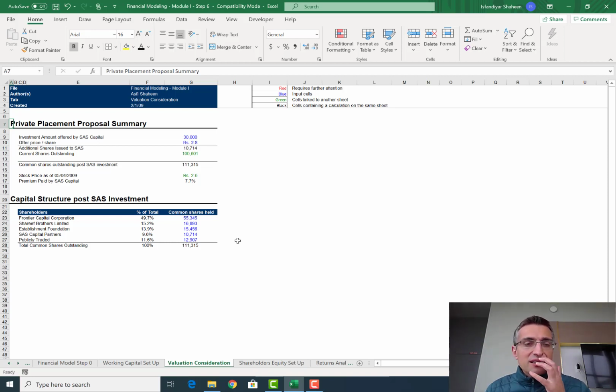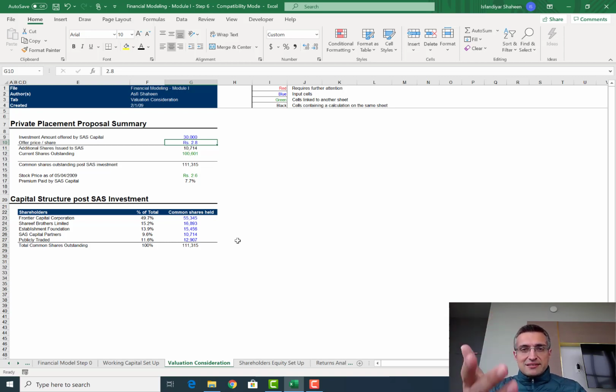So what you have on this tab of valuation consideration is a very high level analysis of how many shares would get issued to SAS if they invested 30 million rupees at a price of 2.8 rupees per share.